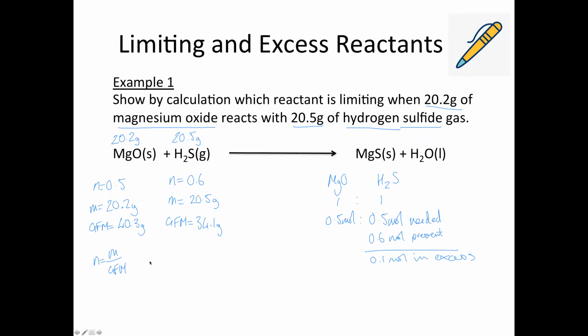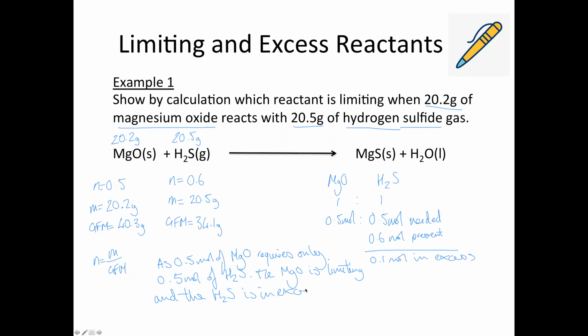So it would probably go along the lines of, as 0.5 mole of magnesium oxide requires only 0.5 mole of hydrogen sulfide, the magnesium oxide is limiting and the hydrogen sulfide is in excess by 0.1 mole.